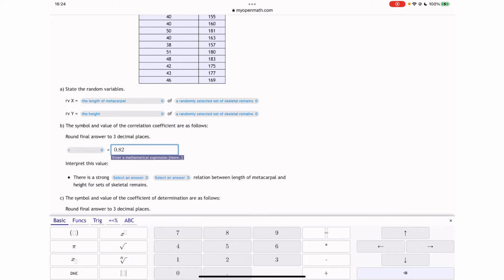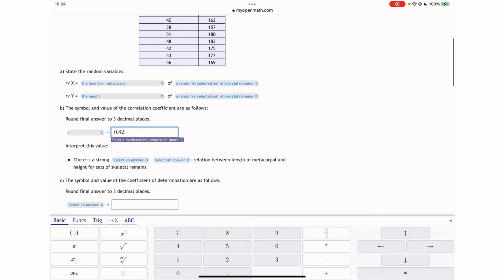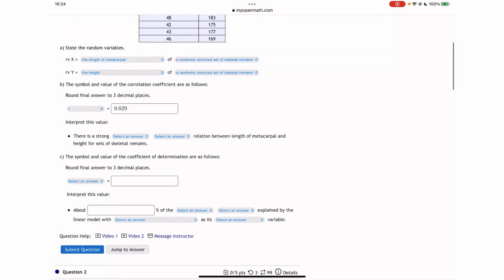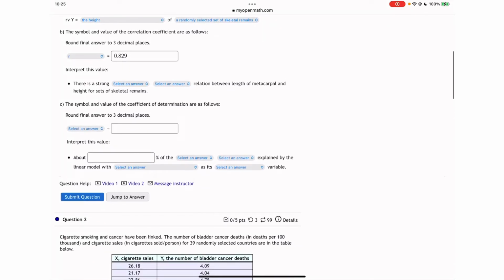On my desktop I copied, and I had 829. I tried the same thing on my desktop StatCrunch, and it gives me 0.829 after I round it. So we keep it that way. Let me put 829. I guess something is miscalculating on the iPad. We'll see.